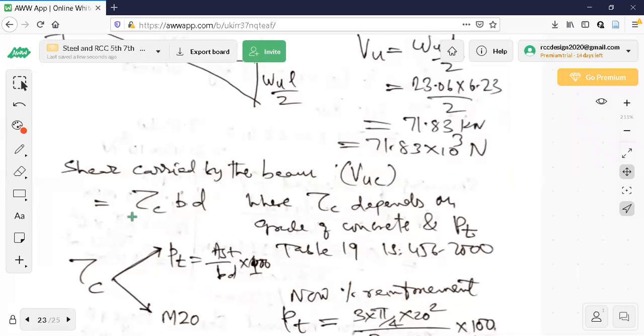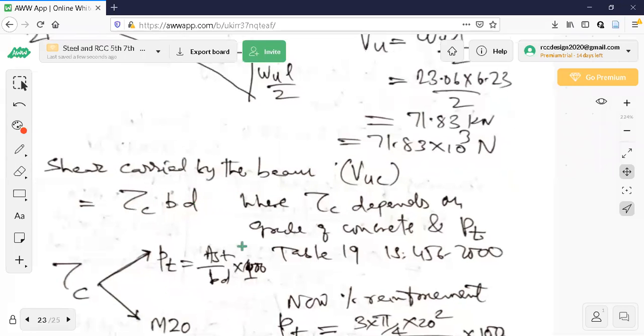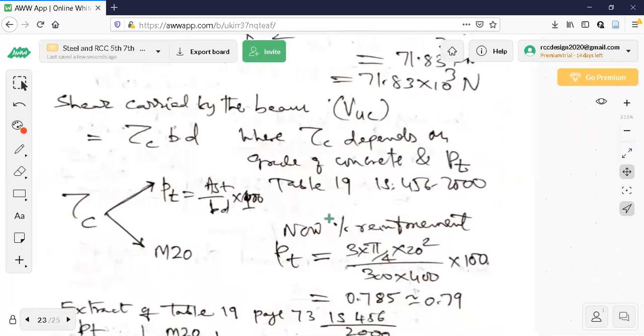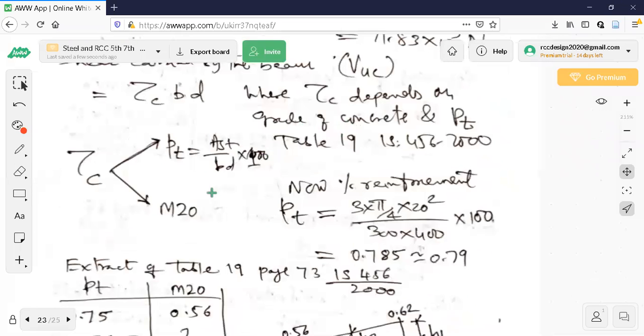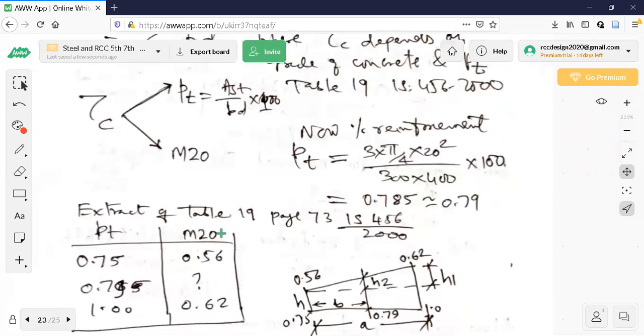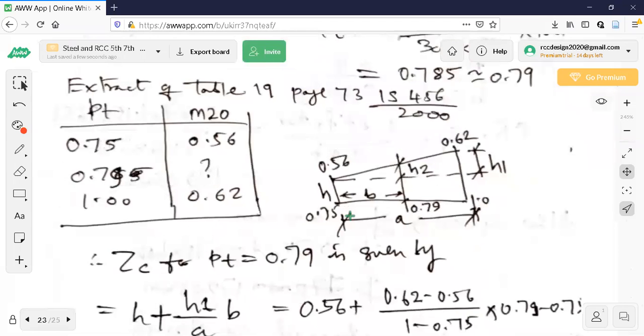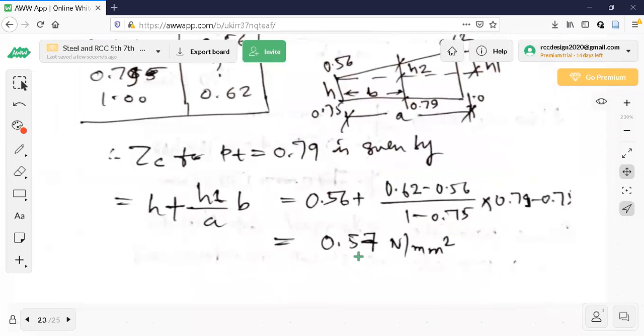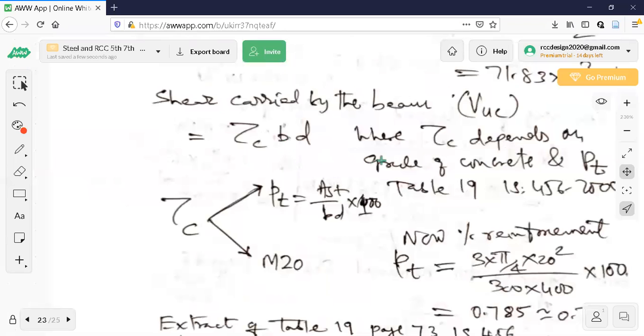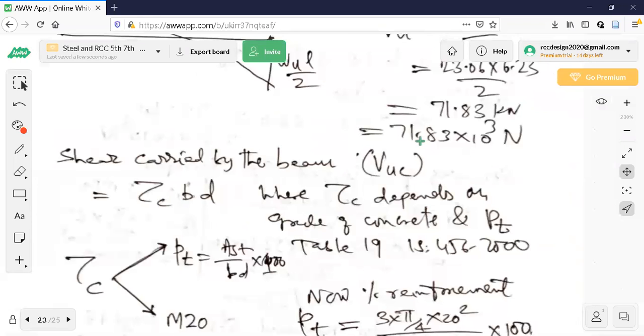I checked the shear capacity of the beam, which is tau c BD. So tau c BD is calculated like this, PT and all this, using table number 19, and interpolation is done. Finally, I will get tau c as 0.57. From this one, I'll calculate tau c BD. And I'll compare this tau c BD with 71.8.